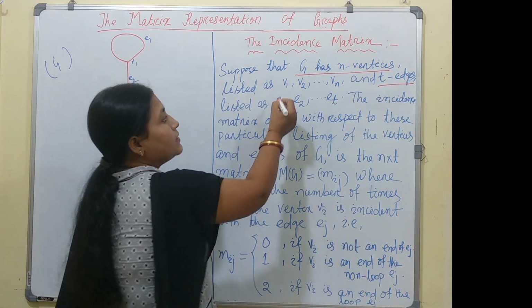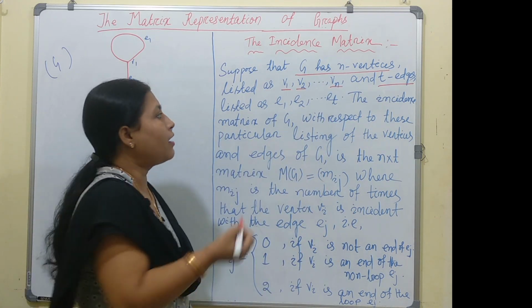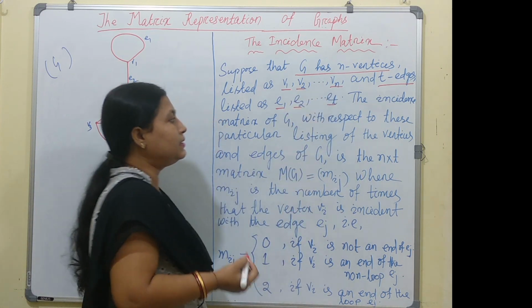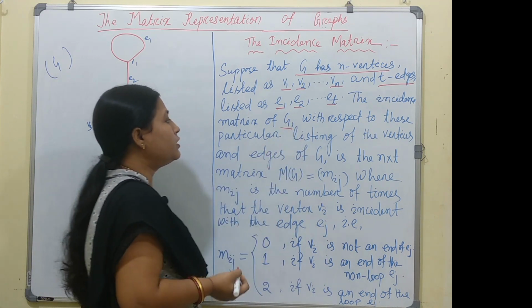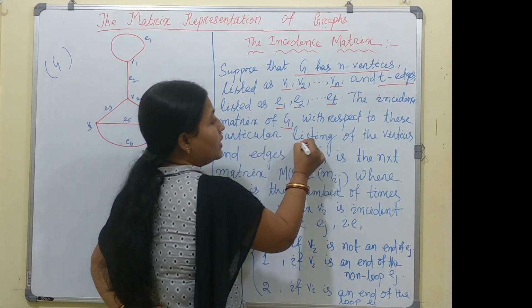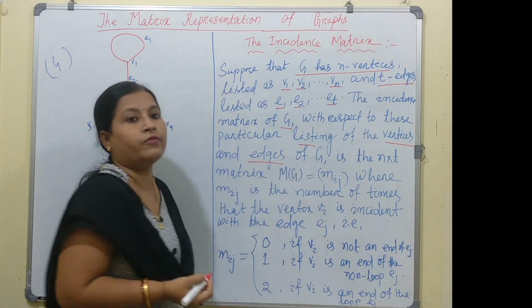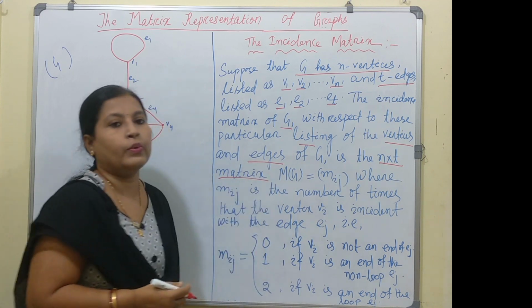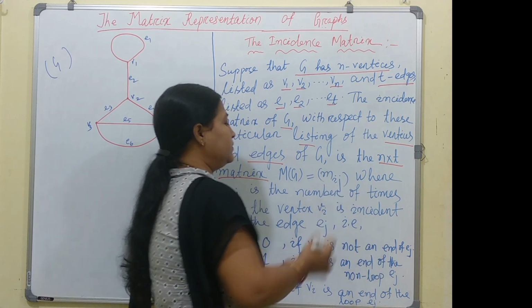The vertices are V1, V2 up to Vn and the edges are E1, E2 up to Et. So the incidence matrix of G with respect to this particular listing of vertices and edges of G is the n by t matrix.